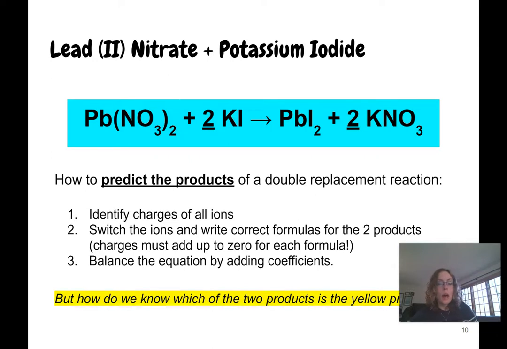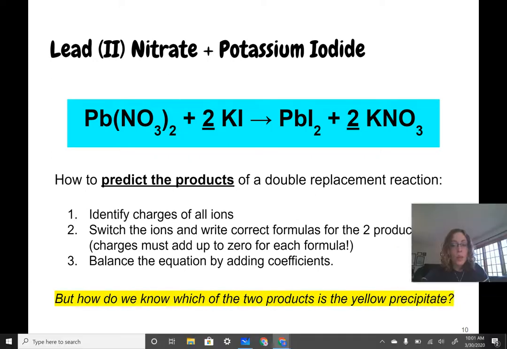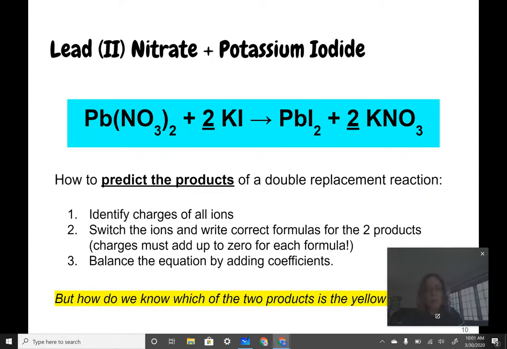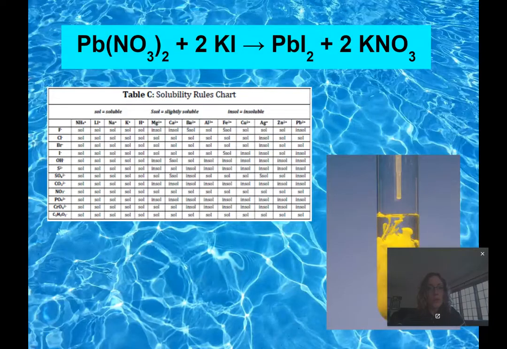So the next thing we want to figure out is how do we know which of those 2 products is the yellow precipitate? That's where we're going to need to use our solubility rules. So here's the balanced chemical equation up at the top again. I am going to use the solubility chart to figure out the solubility of my lead iodide and my potassium nitrate. So let's see, lead iodide, it says insol.